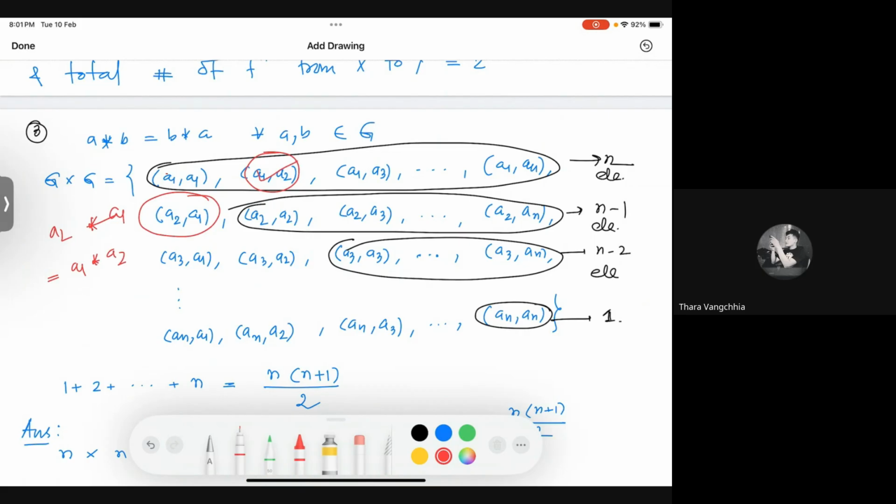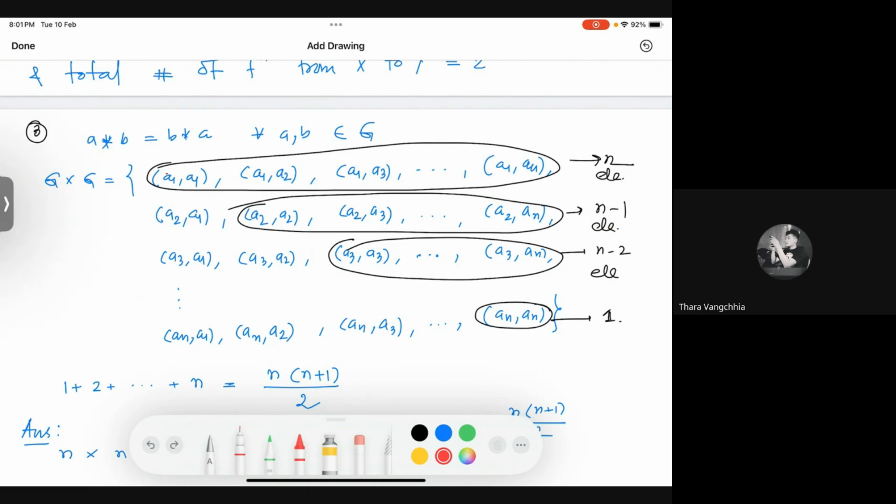So the images of these two elements are equal. So I need only to know the image of these n minus 1 elements.